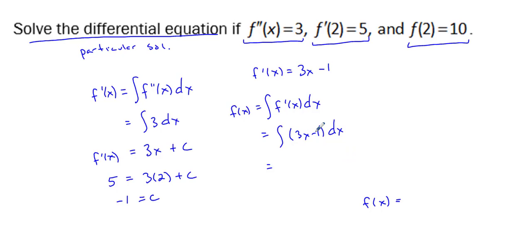So that'd be x squared times 3 halves minus x plus c, and that's what f of x is, right?